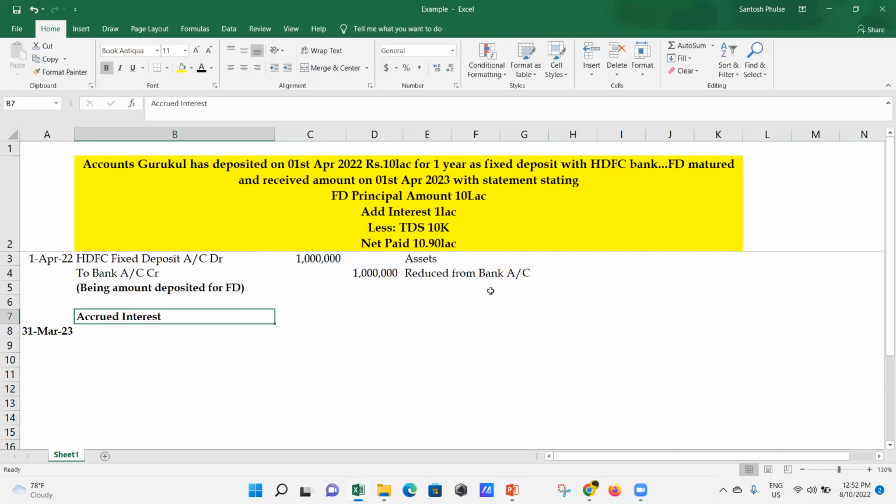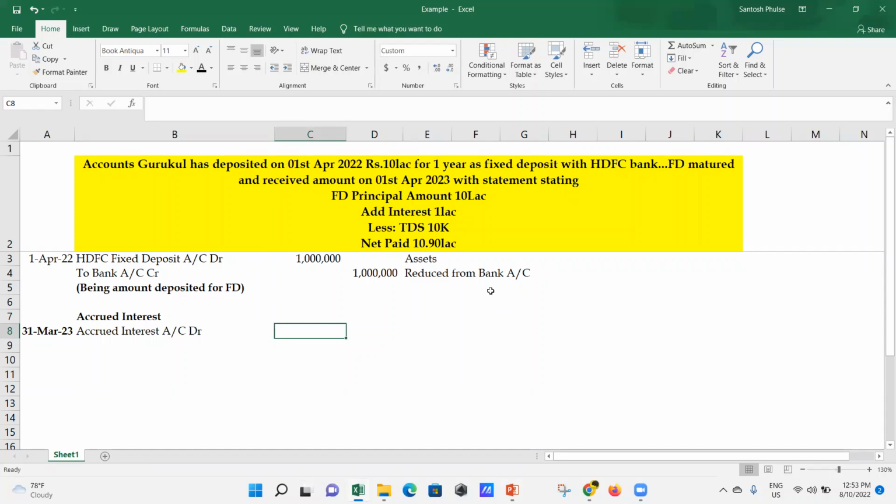So we have to debit the accrued interest account instead of the SDFC fixed deposit account, because we are creating the accrual in the books. The accrued interest account debit is after deducting the TDS amount, how much we are expecting.